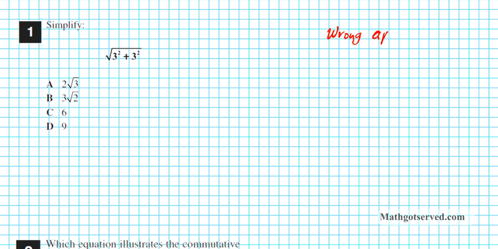Since these are square roots of squares, one might assume, oh, wait a minute, let me just take the square root of the two numbers, or I can take the square root of 9 plus 9 and write this as the square root of 9 plus the square root of 9 equals 3 plus 3, and you get 6, and you fall for this distractor C, which is a wrong option. Okay, so this is a wrong way of doing it.